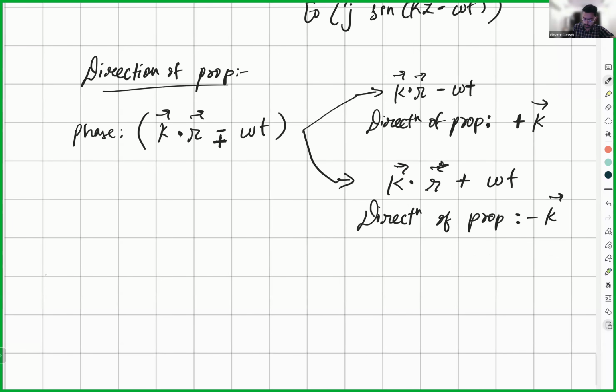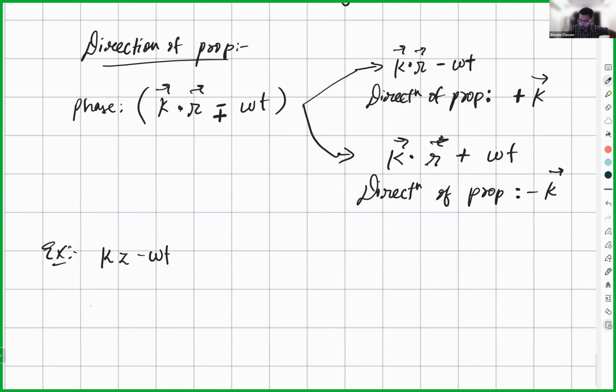Now let me explain this from an example. I have kz minus omega t. What is the meaning of kz minus omega t in terms of k dot r minus omega t? Let us compare with k dot r minus omega t.